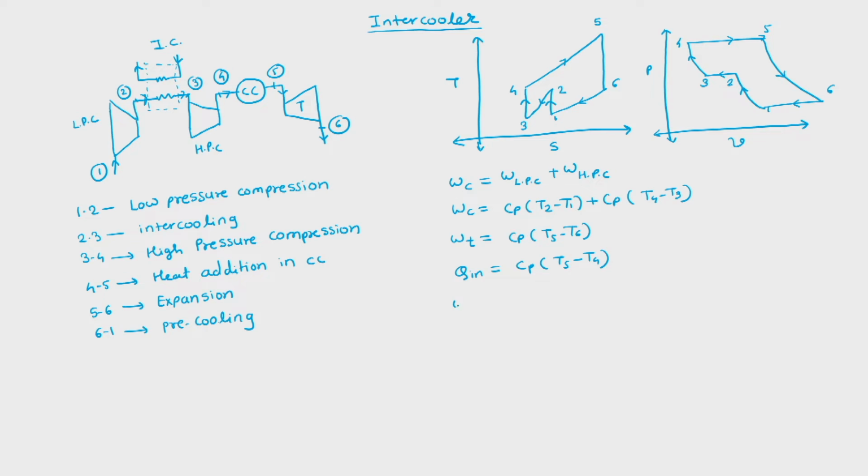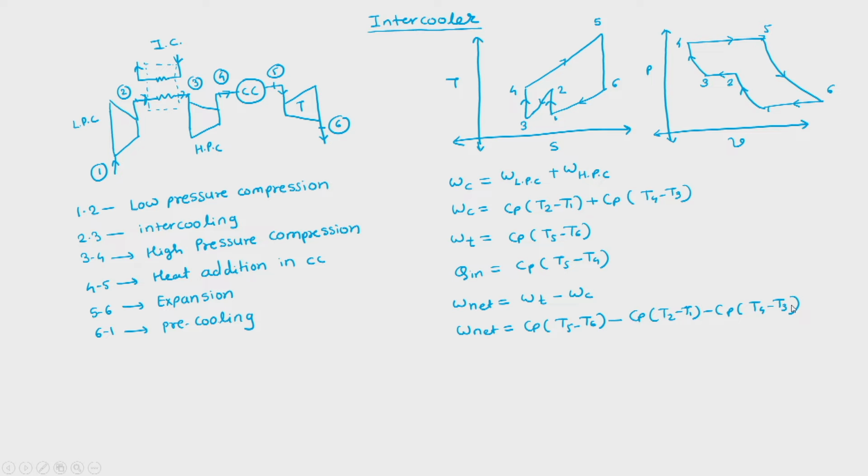So for this optimization, again our objective is to increase the W net, and W net is equal to Wt minus Wc. So W net is equal to Cp (T5 minus T6) minus Cp (T2 minus T1) minus Cp (T4 minus T3).